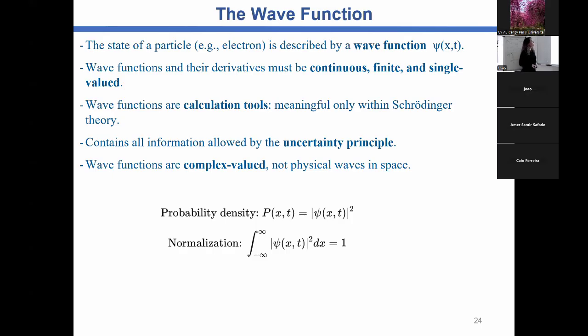So, for example, if we have a particle, one electron, we can describe this electron using a wave function. The wave function is not a specific value, it is one calculation tool. So we use it just to determine how the particle is described, but it's not a specific condition.